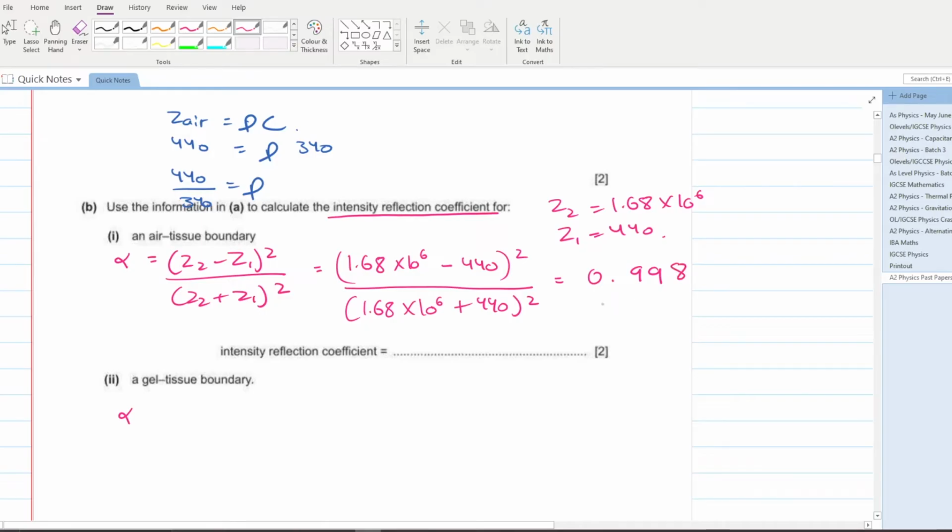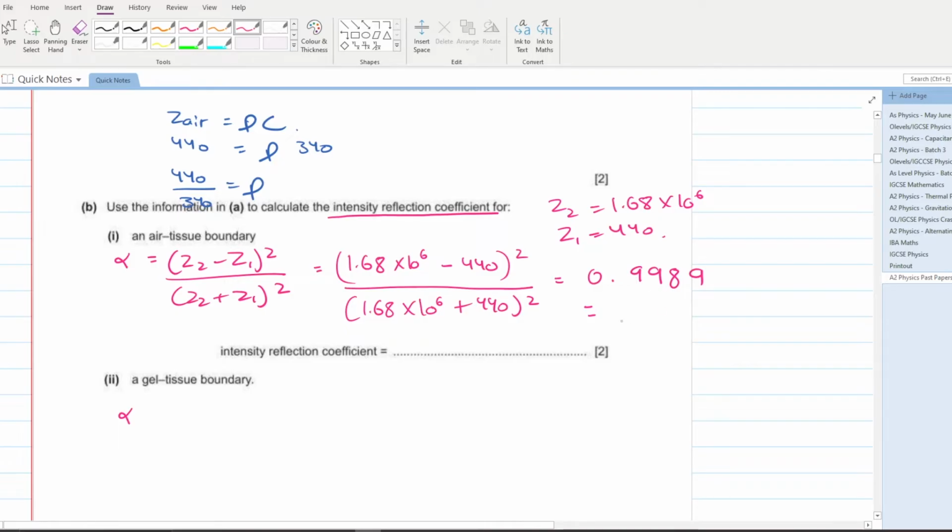0.998, and if I have to give it to 3 significant figures, let's say it will be 1.00. Okay, let me write the 4 significant figures first. It is 0.9989.